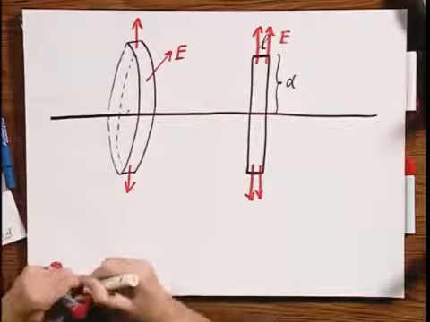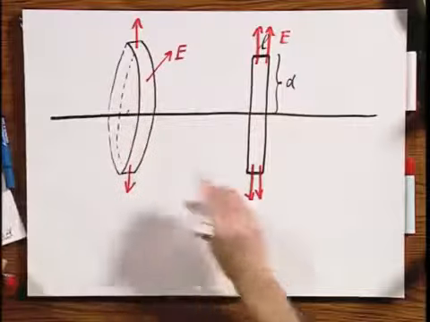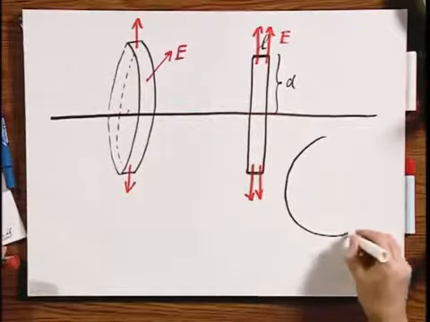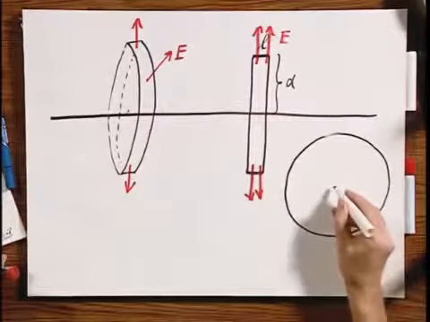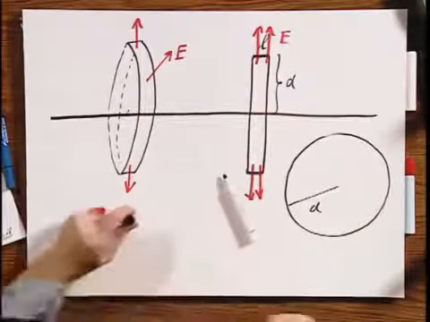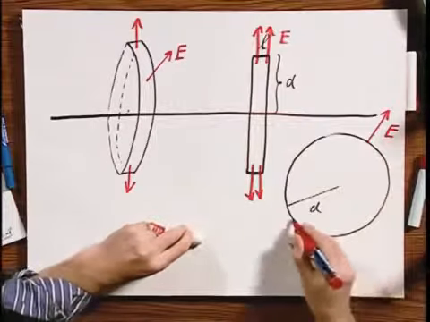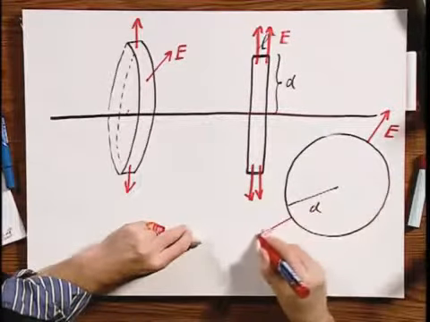In other words, if I looked at this surface from this side, and if this were that surface, which then had a radius d, then everywhere at the surface the E field must be pointing radially outwards for reasons of symmetry.